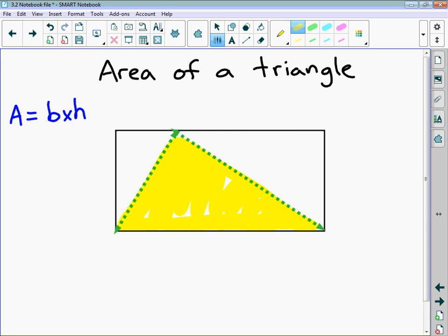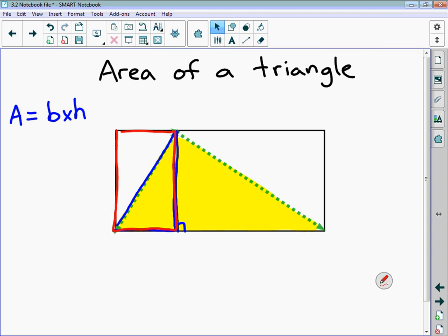Well, a triangle like this actually is still just half of this rectangle. We can show that by doing this. Imagine if another straight line came down here, at 90 degrees to the bottom. Here we have one triangle, right here, which cuts this rectangle in half. So that part of the yellow triangle takes up half of that space.